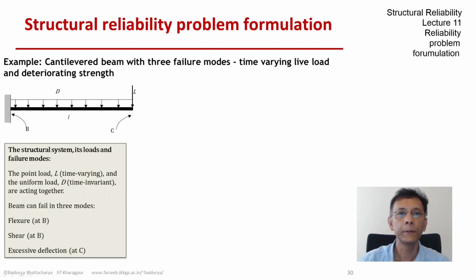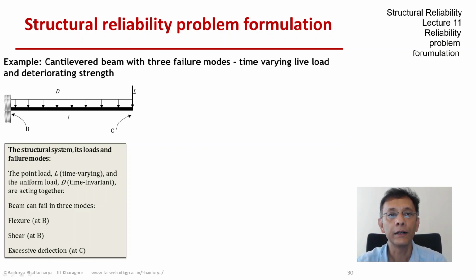Let's see what would happen if we bring in an explicit time aspect to the problem. We have the same beam, the cantilevered beam supported at B, subjected to the distributed dead load D and the point live load L, but L is no longer a time invariant quantity.